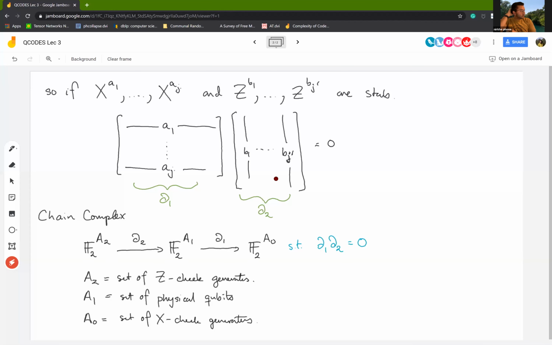Here, are checks the same thing as stabilizers? Well, let's be precise here. We're going to think of stabilizers as all the possible multiplicative combinations that we can get when we multiply these different checks together.